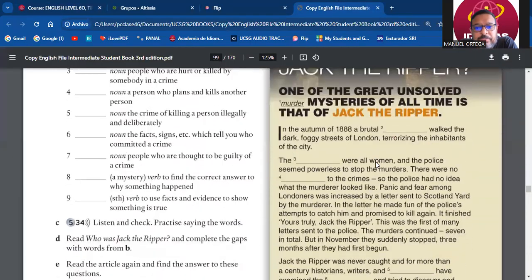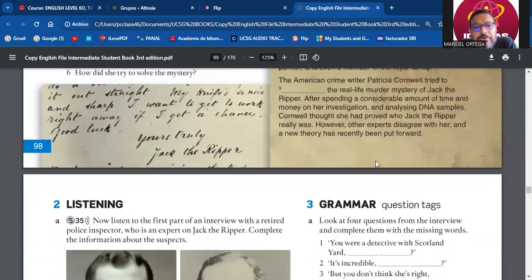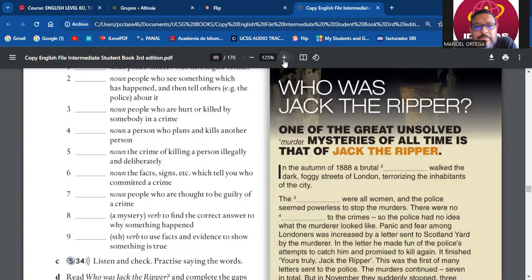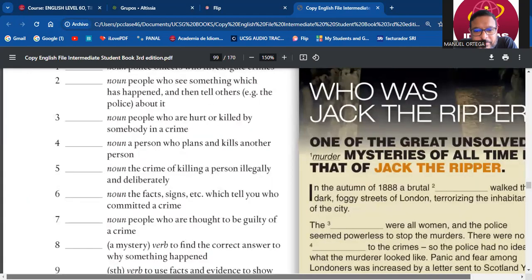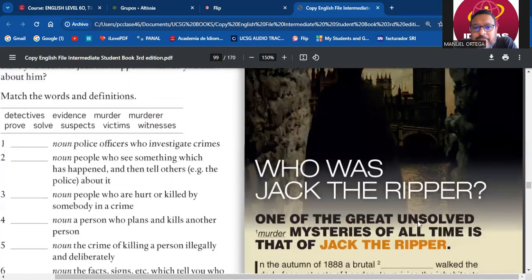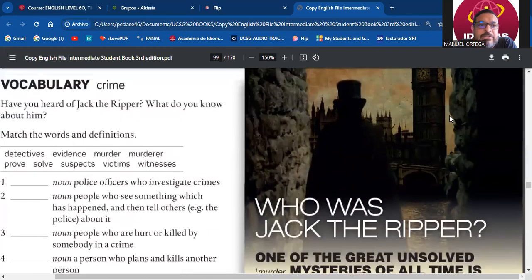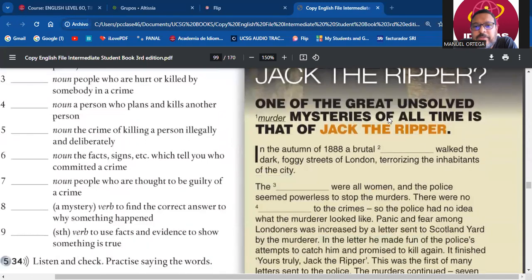Here is the article they refer to. Who was Jack the Ripper? One of the great unsolved mysteries of all time is that of Jack the Ripper.